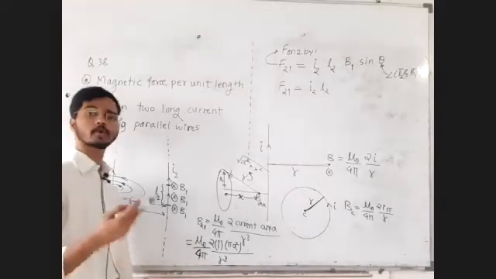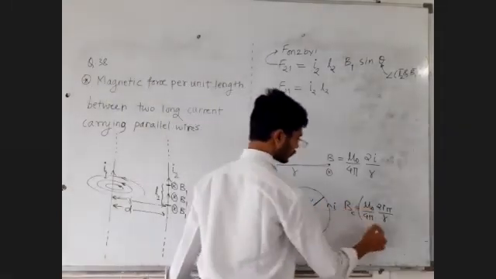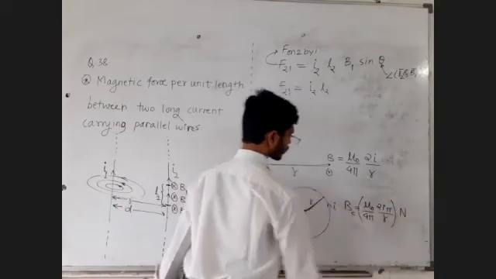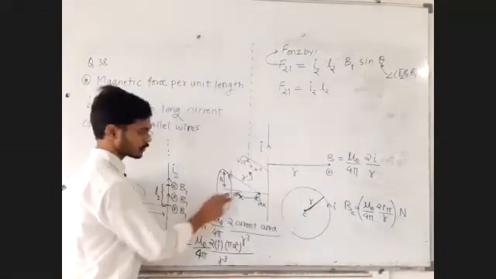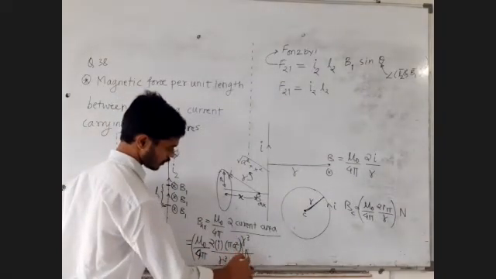If you have n number of turns, then the field at the center will be into n, and at a point on the axis you will also have into n.